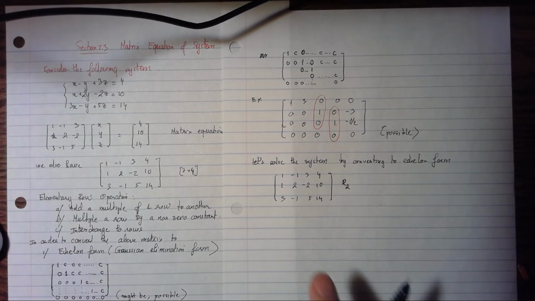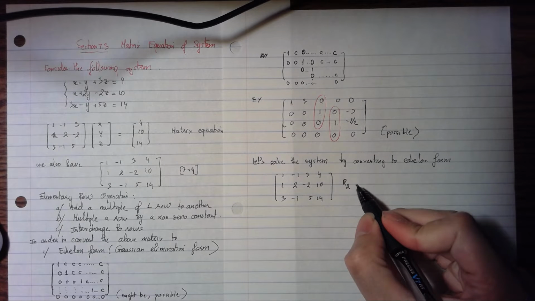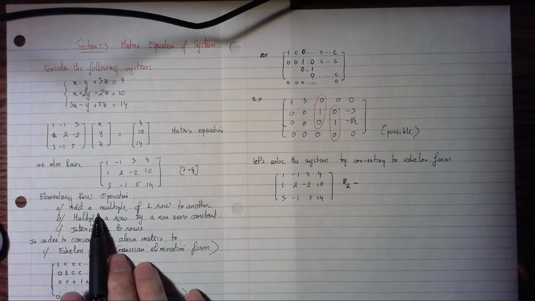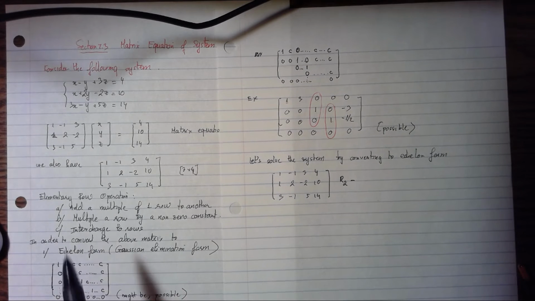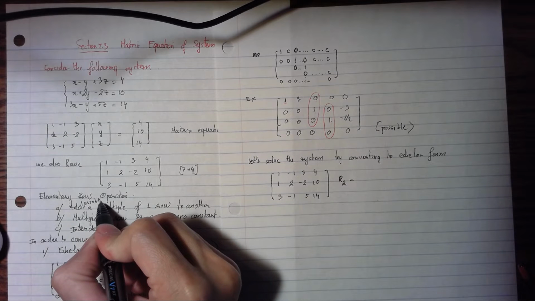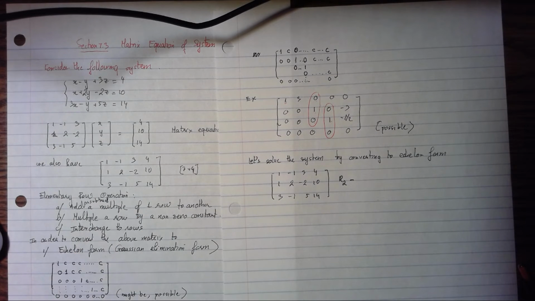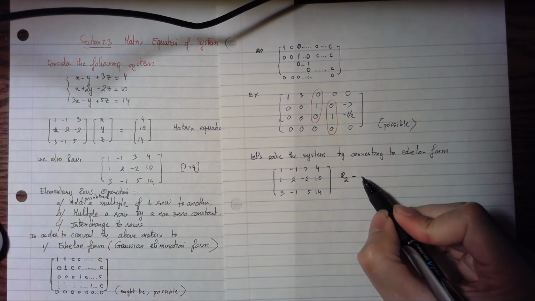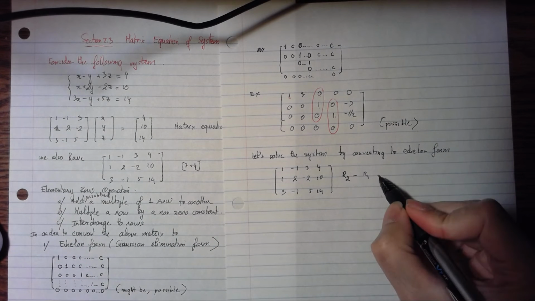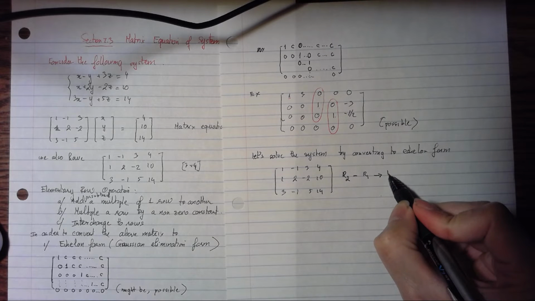If you take R2, you minus R1, because it means you add or subtract. Subtracting is the same as adding a minus sign. You minus R1, then it gives you the new R2.